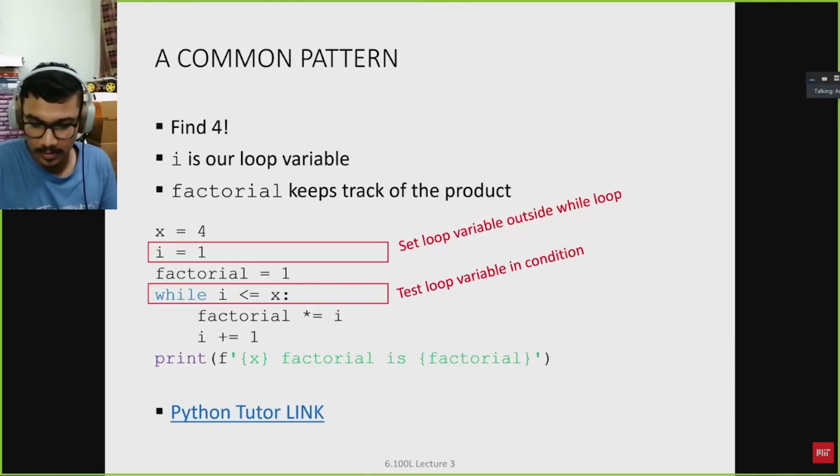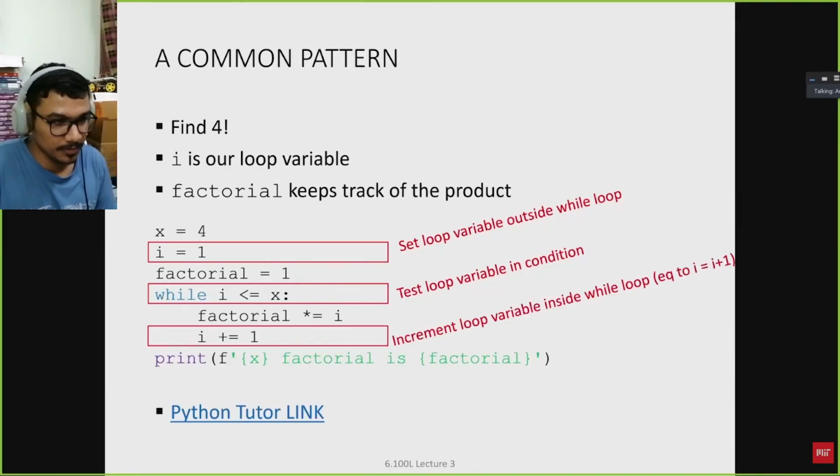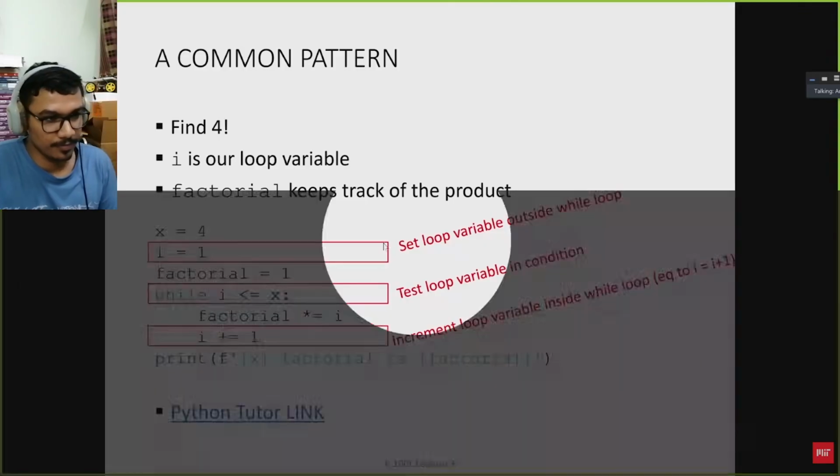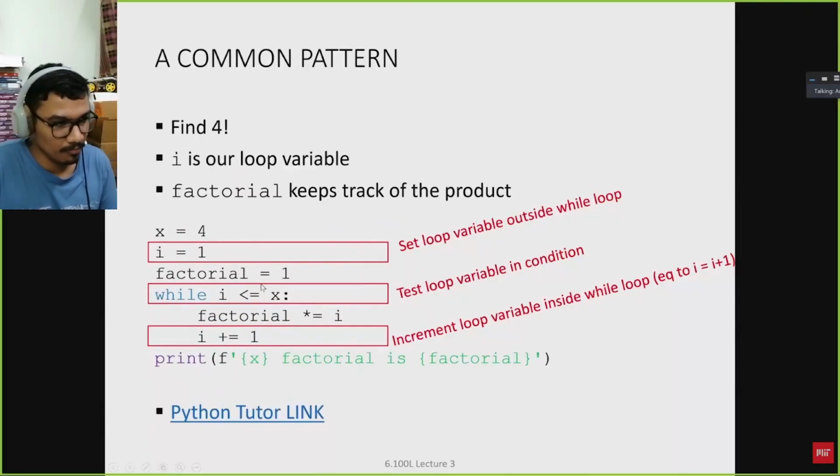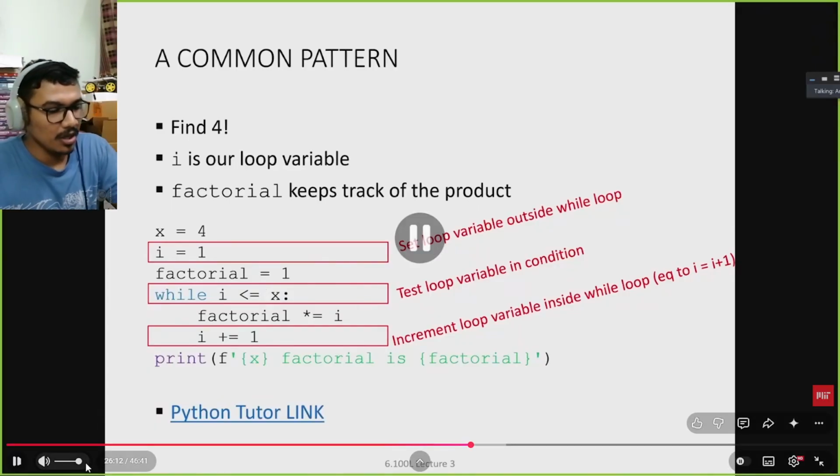Inside the conditional, I'm doing some sort of condition check with it. And then inside the body, I'm changing it in some way that takes me to the end of my loop. So I'm setting I to 0. I'm incrementing I by 1 each time through the loop.